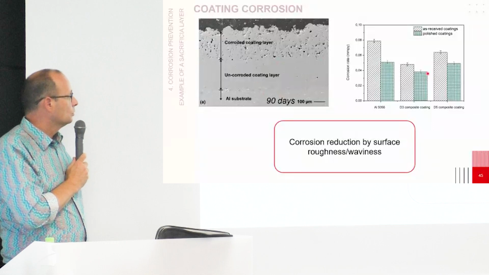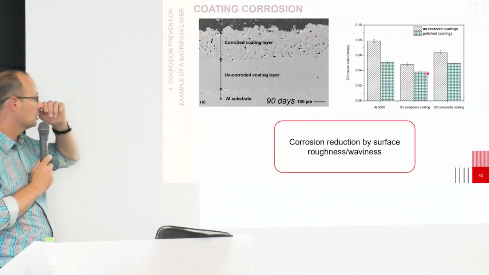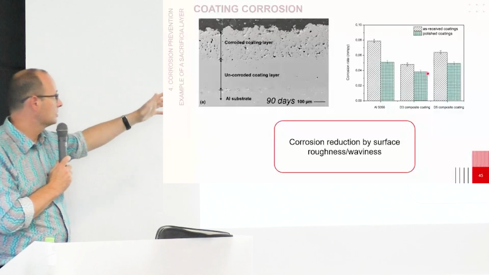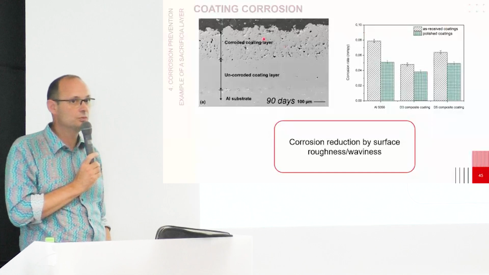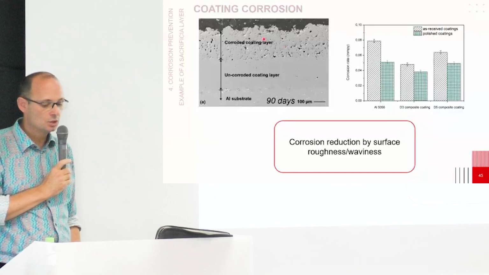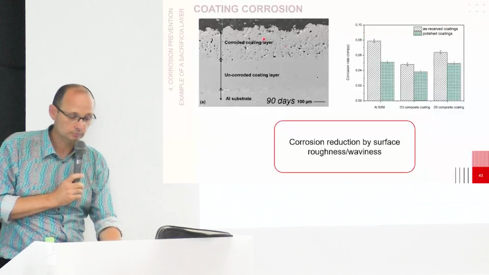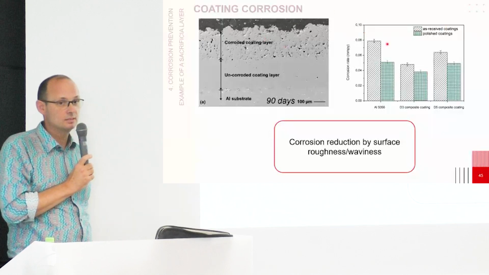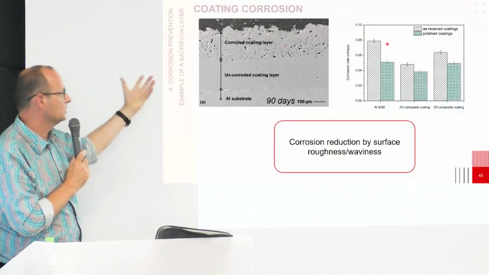One question she asked was, okay, initially this process leads to a very rough surface. So if I'm able to remove this initial rough surface, should I have a difference in corrosion rate? She checked, and yes, there is a difference in corrosion rate. So that means that this process alone is not sufficient.